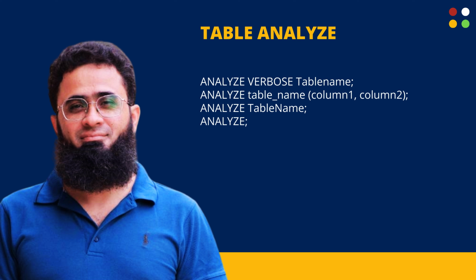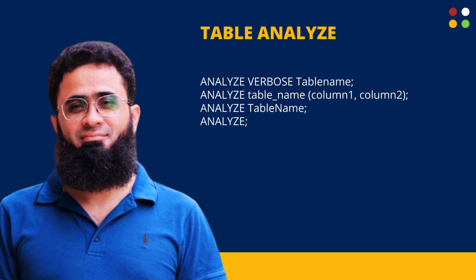Now, these are some basic commands to analyze a table in the PostgreSQL database. We can just use analyze verbose and the table name. This command will show the output on your screen, and we can also analyze specific columns.